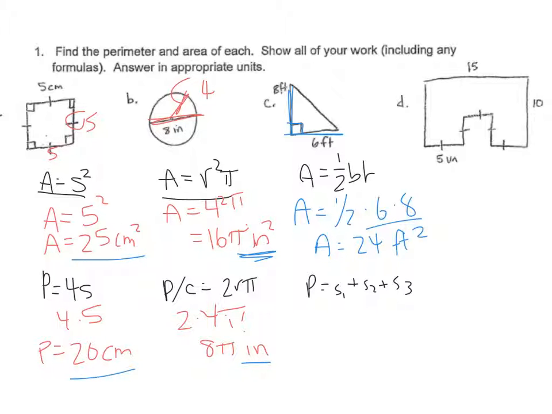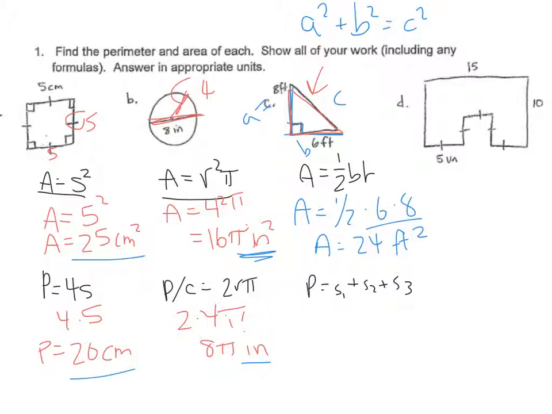The perimeter is add up the 3 sides, but I don't have this third side. In order to get this third side, I have to do the Pythagorean theorem. So it's a squared plus b squared equals c squared. This is a, this is b, the hypotenuse is c.